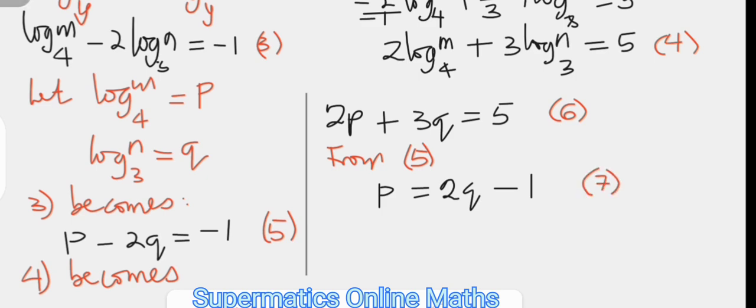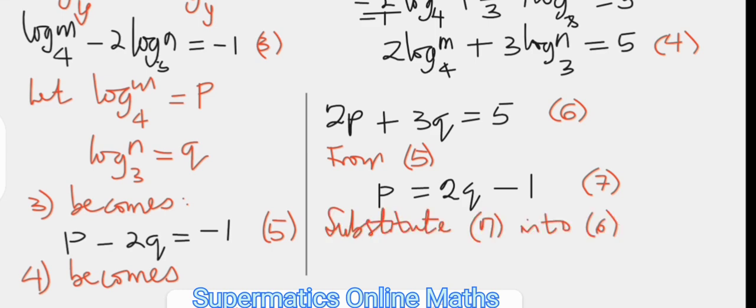Then we're going to substitute for p in equation 6. This means that we have 2, then substituting 2q minus 1 for p, plus 3q equals 5.